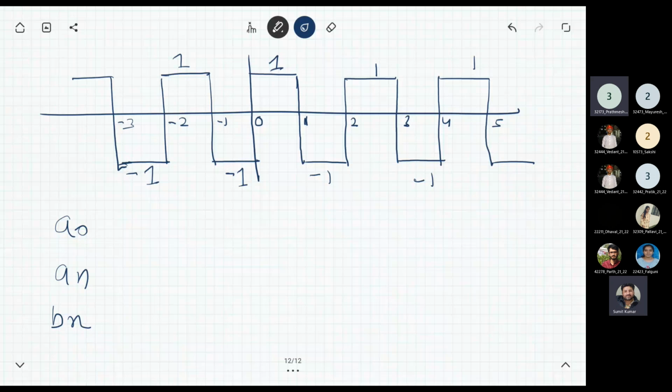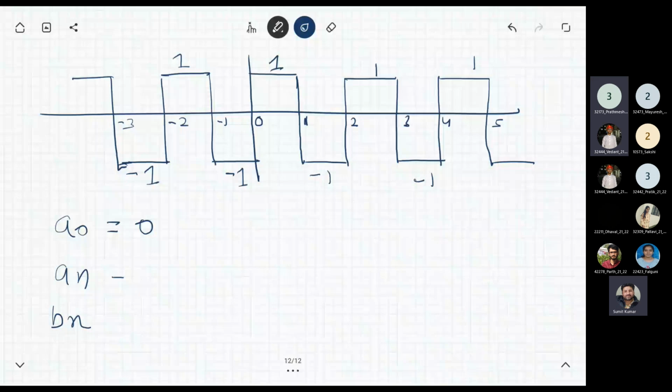Sir, a naught will be 0. Yes, a naught equal to 0, and an is also 0.